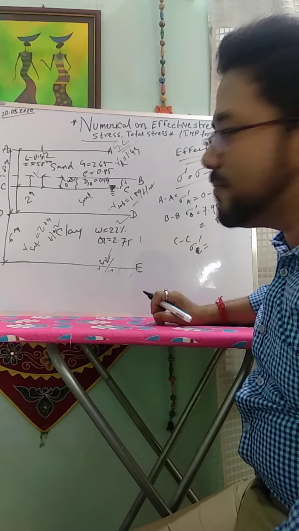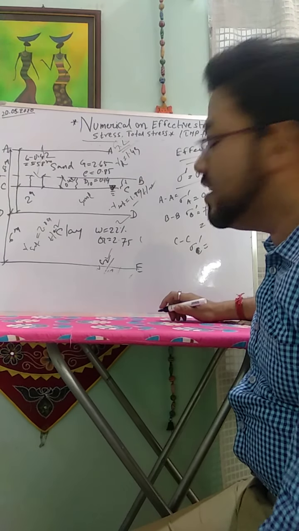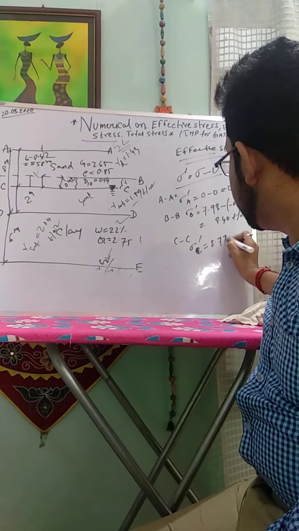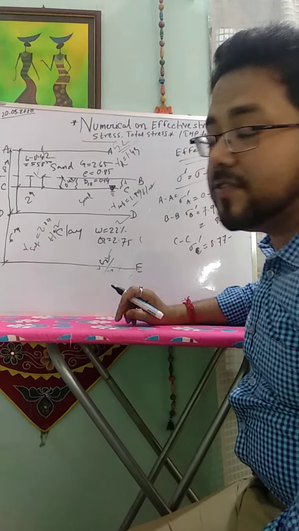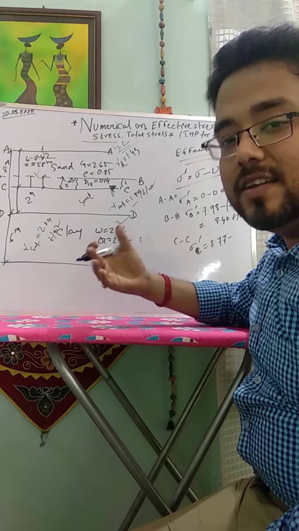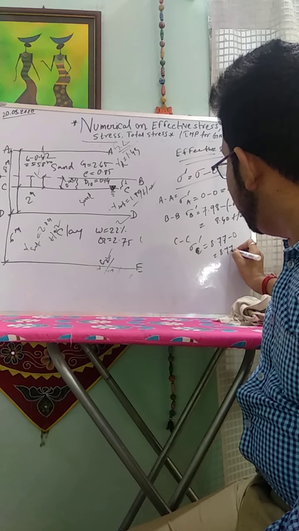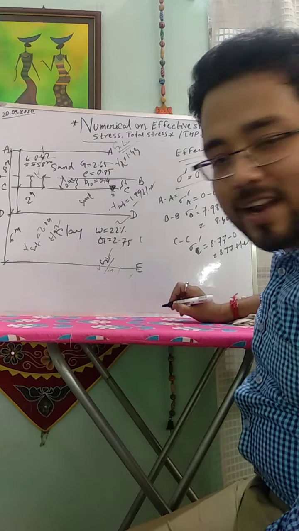Now at CC, the total stress at CC is 8.77 and the neutral stress at CC is 0, so it will be 8.77 ton per meter square.